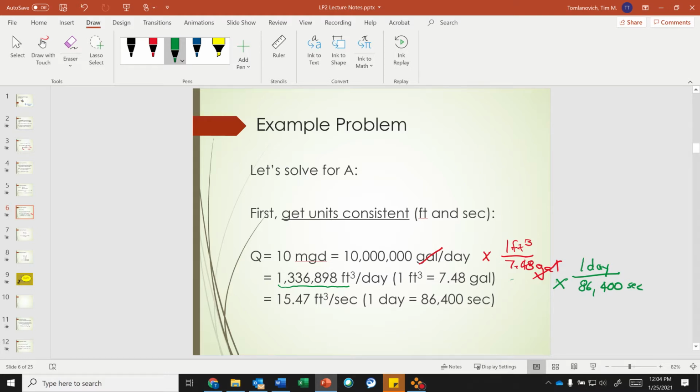There's 60 seconds per minute, 60 minutes per hour, 24 hours per day. So you just multiply those out, you get 86,400 seconds. So now if you look here, the denominator, numerator, these cancel out. Now we're left with seconds. So our flow rate is 15.47 cubic feet per second.